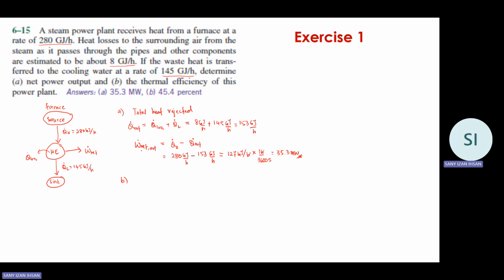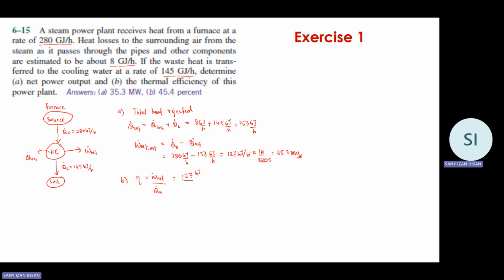Now we know the net work out. We know that for a heat engine, the efficiency is nothing but the net work out divided by how much heat is being supplied to the system, which is QH dot. So 127 gigajoule per hour divided by QH dot, 280 gigajoule per hour.